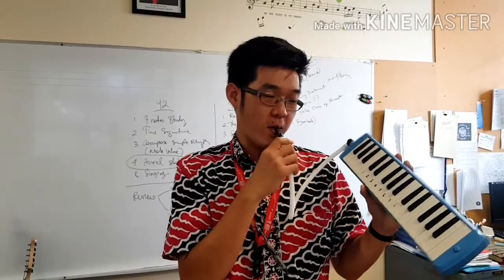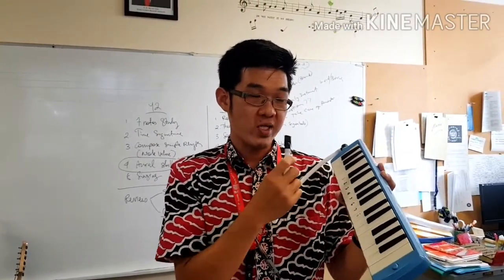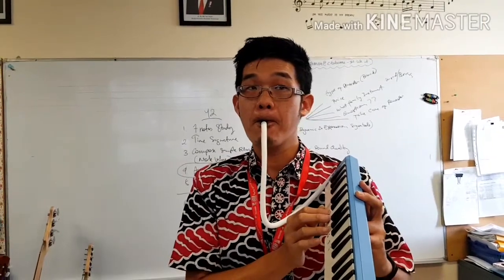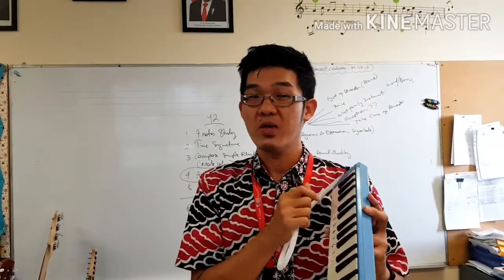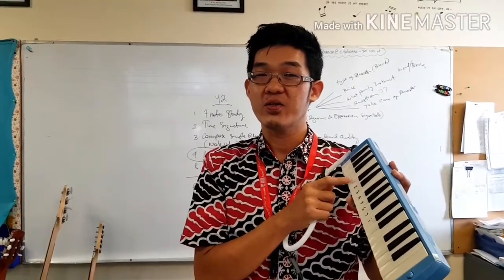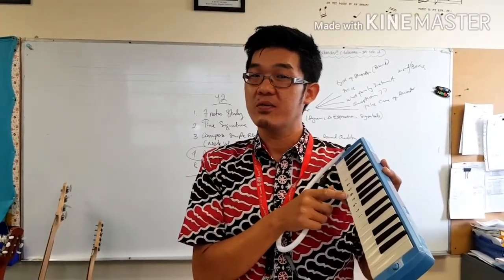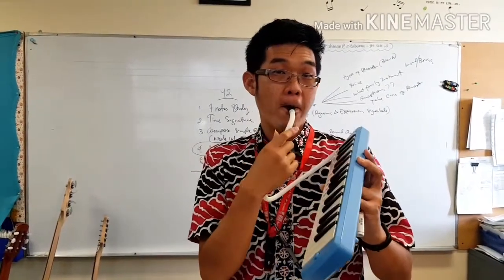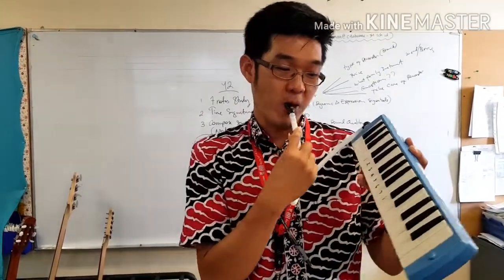Let's try another one. How about this? Can you guess? What was that? Is it do to re, or do to mi, do to fa, or do to sol? That was do to sol.